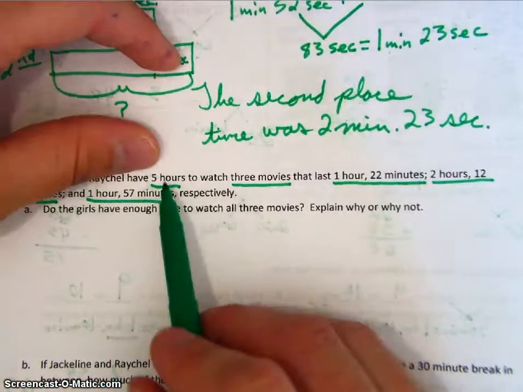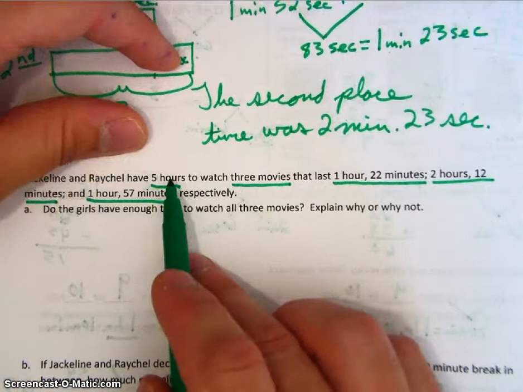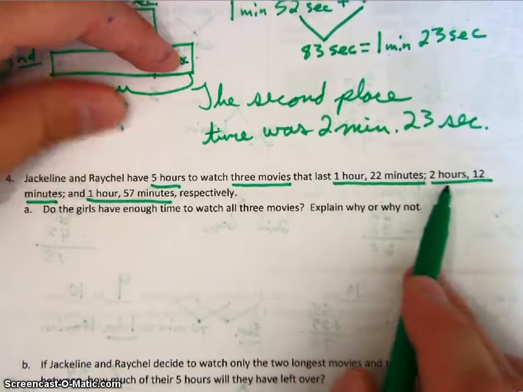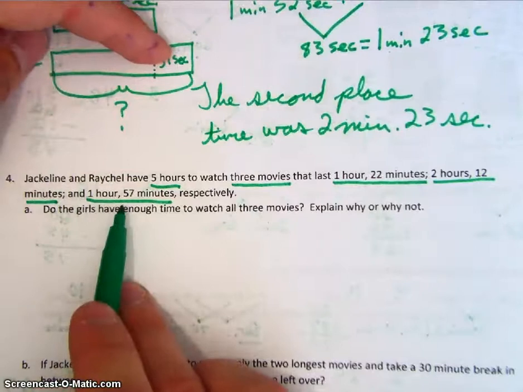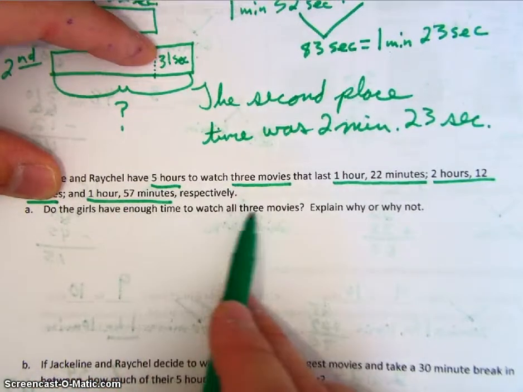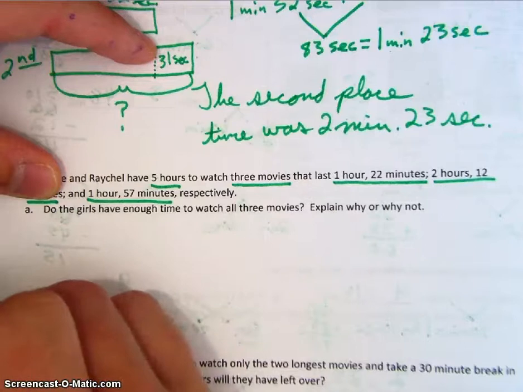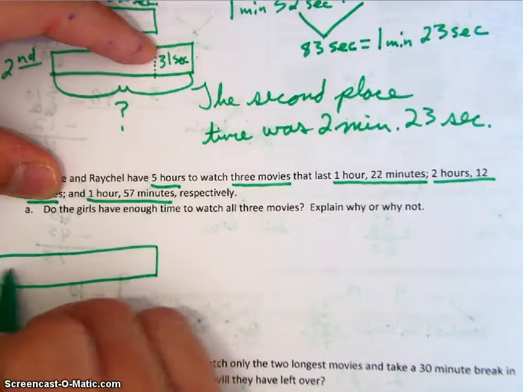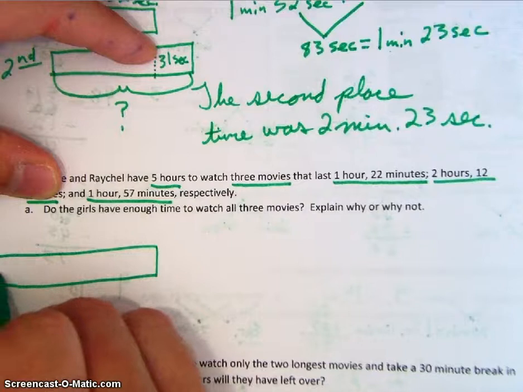So they have 5 hours where they can watch the movies. These are the lengths of the 3 movies that they're able to watch. So our question is, do the girls have enough time to watch all 3 movies? So we set up our tape diagram. So we have our 3 movies.